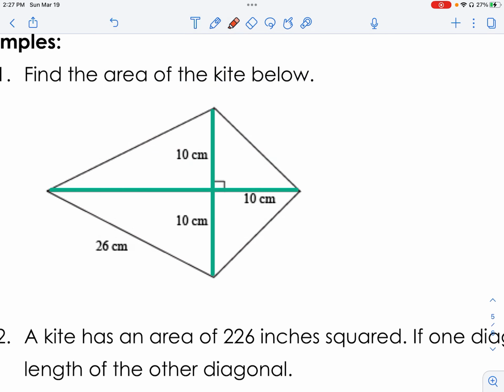Let me pick this orange color here. We know that this length is 10, this length is 10, this length is 10. What we are missing is this length right here that I just made red.